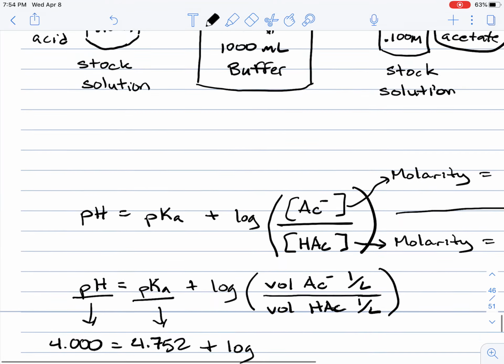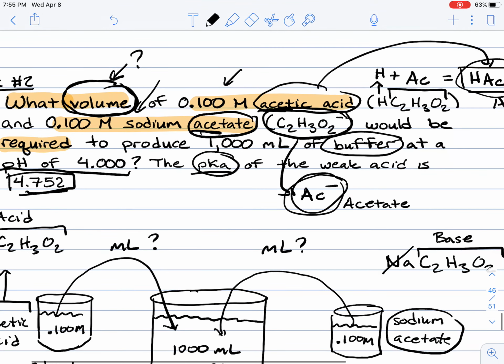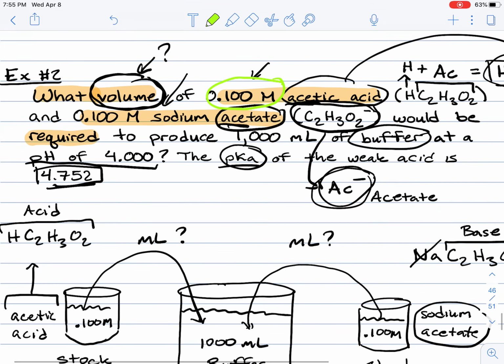All right. And so if you guys look at the amounts, we have 0.100 molar and the same concentration for both acetic acid and sodium acetate.